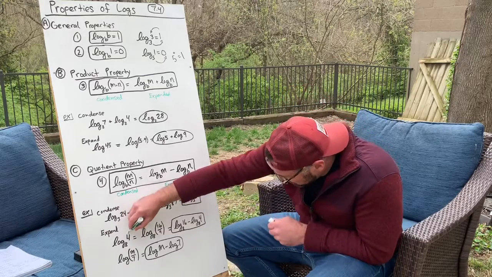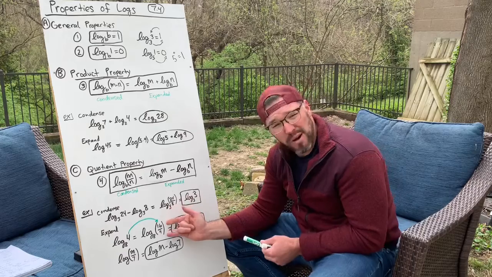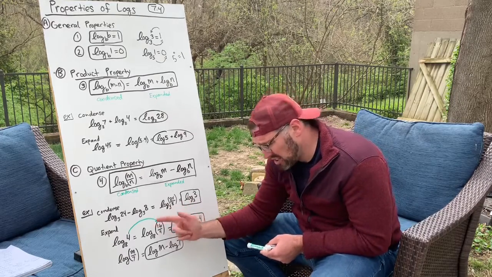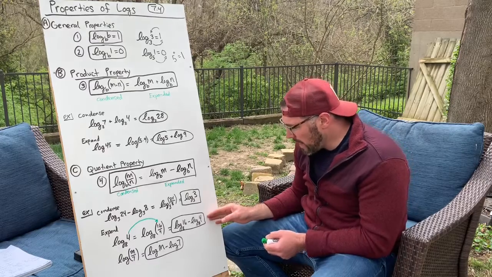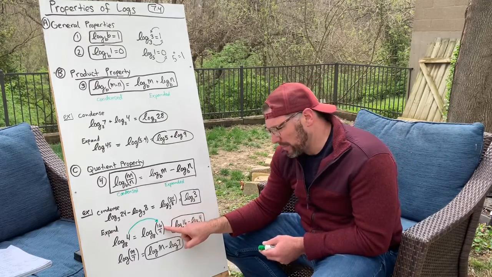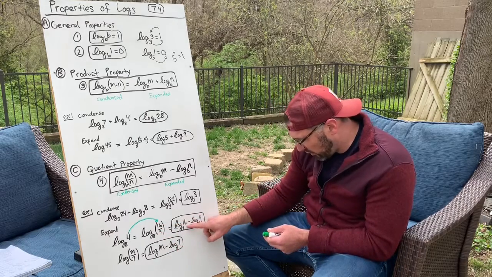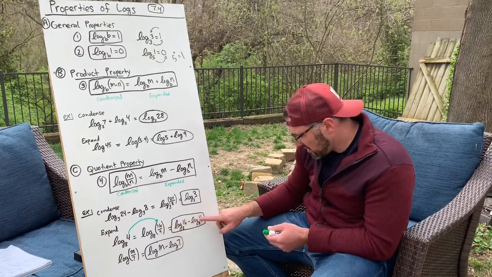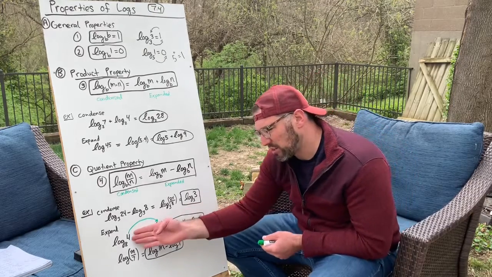So I just replaced this 4 with a fraction, something that I came up with. This fraction does need to equal 4, and I expanded once I came up with these two numbers, okay? So now that's log base 8 of 16 first minus log base 8 of 4.